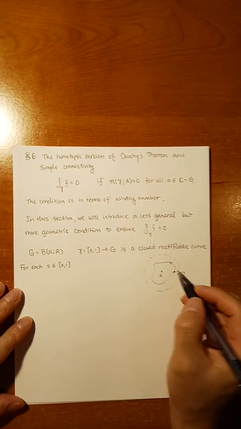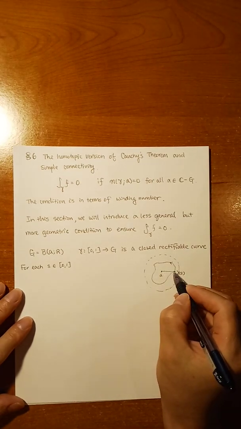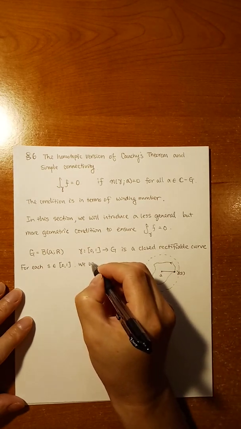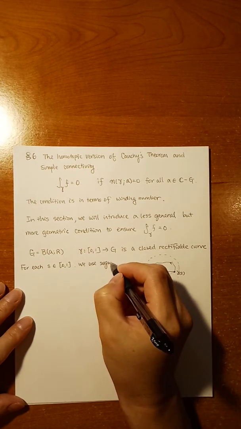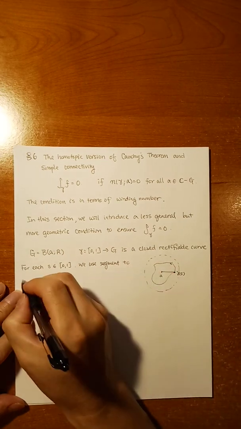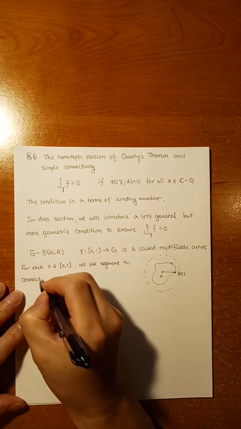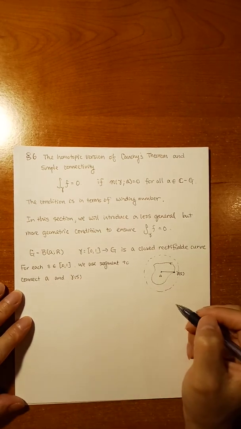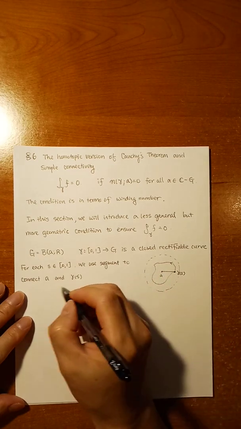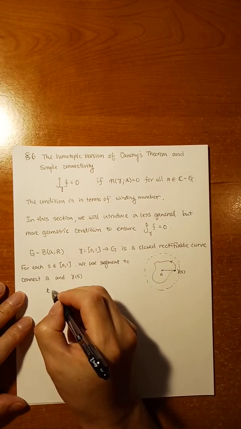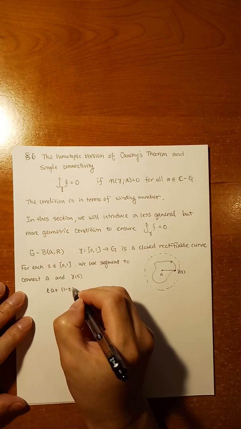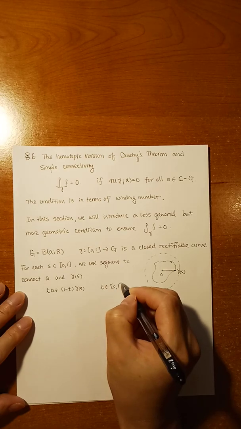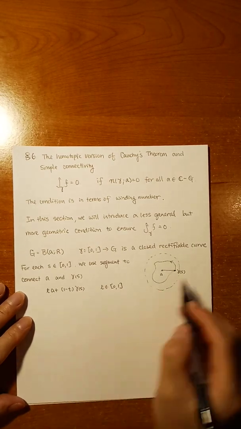For this gamma s, we use a straight segment to connect A and gamma s. What is the straight segment? It's tA plus (1 minus t) gamma s, where t belongs to [0,1]. When t is 0, that is gamma s.